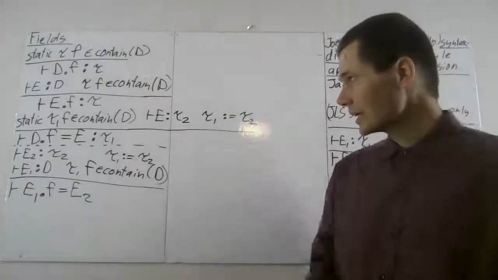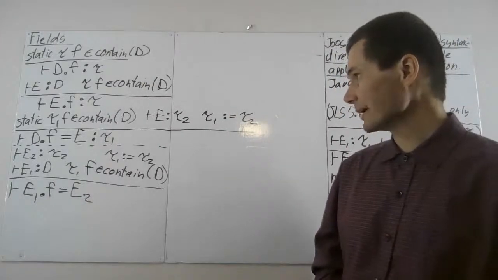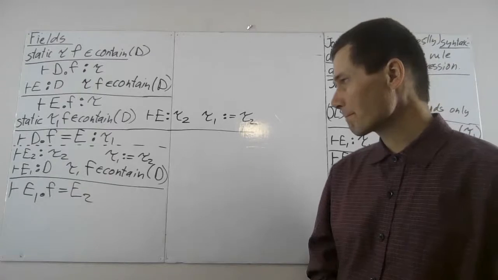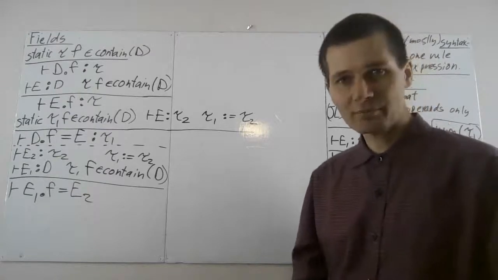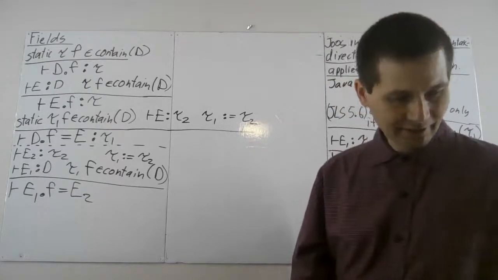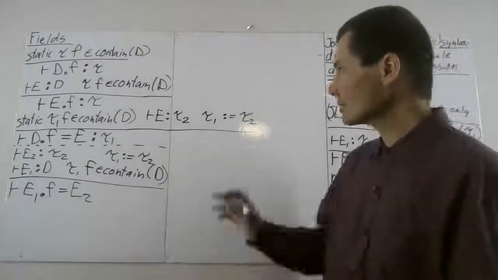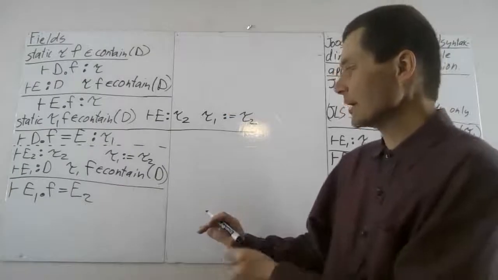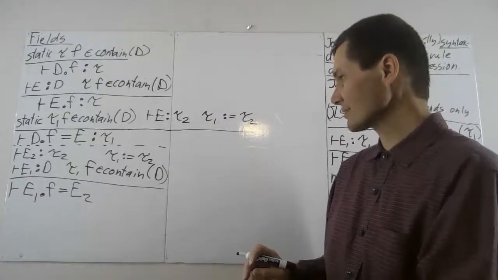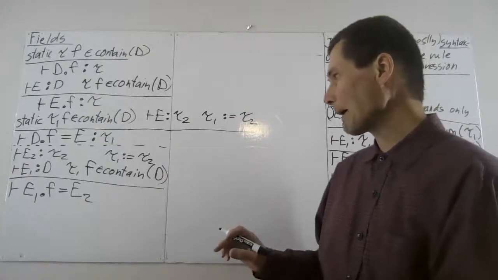Okay, and so that's the rules for fields. Any questions or comments or anything? Okay, so the rules get a few extra premises, but they sort of all make sense.